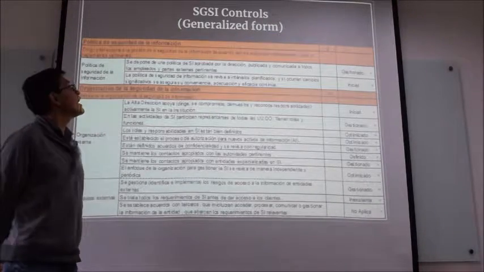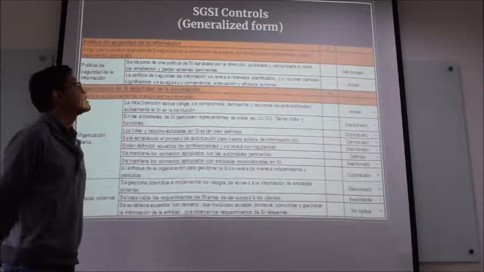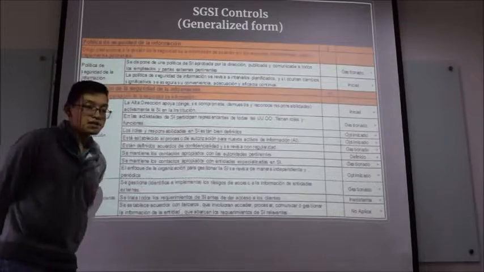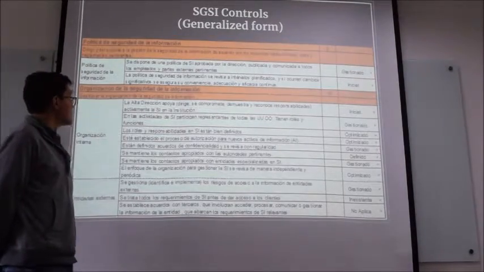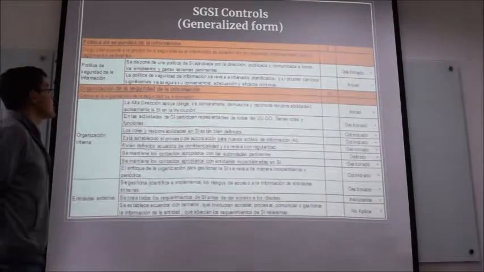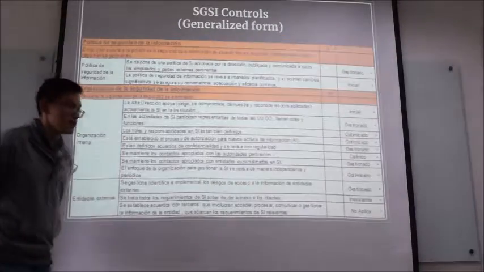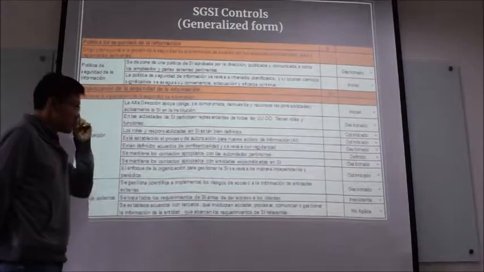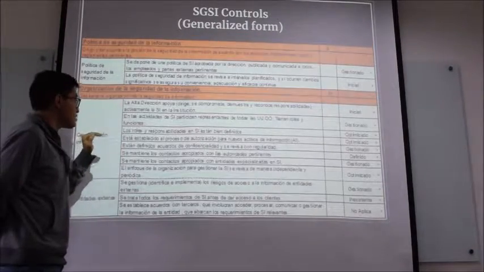So here we have a generalized form of the chart that is used to implement the SGSI controls. Here, as you can see, we have some areas that are important, the library aspects, and we like to highlight this one.